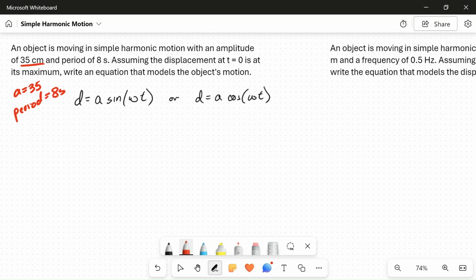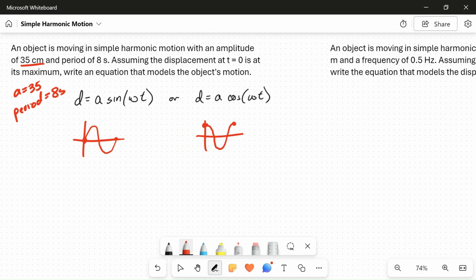The information that the displacement at t equals 0 is at the maximum is used to determine whether we're talking about sine or cosine. Sine starts at the midline and goes up, down, and back to the midline, whereas cosine starts at the maximum and goes down and back up to the maximum.